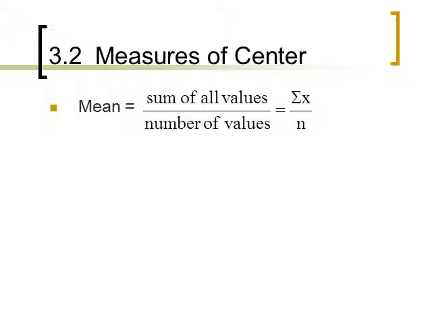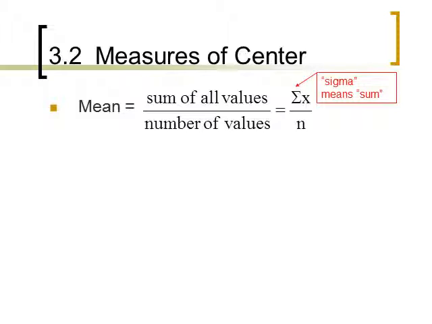When we look at a measure of center, the one that we're most familiar with is the mean. The mean is found by adding up all of the values in the data set, and then we divide that by the number of values that we have. And so we see this formula here that has a Greek letter in it, and this letter that looks like an E is the Greek letter sigma.